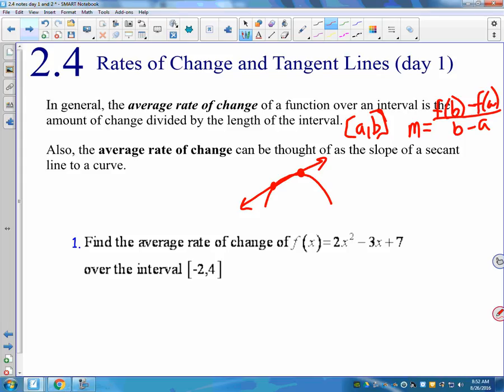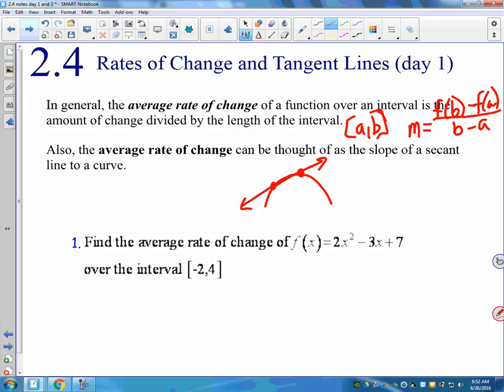A secant line in geometry you define as a line that goes through a circle in 2 points. But it's really a line that goes through any curve in 2 points. And so if you found the slope of those 2 points, we would say that that is the slope of the secant line to the curve.